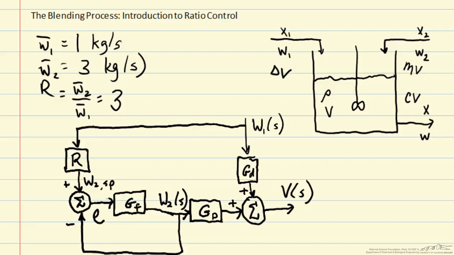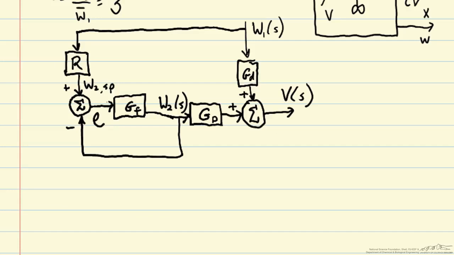So we are performing feed-forward control by taking the value of W1 and using it to calculate W2, but within that strategy, we also have this feedback loop. One thing to notice here is that although W2 is our manipulated variable, that's no longer really an input to the process. We've closed a feedback loop around that. So now we really only have one input, which is W1, our disturbance variable.